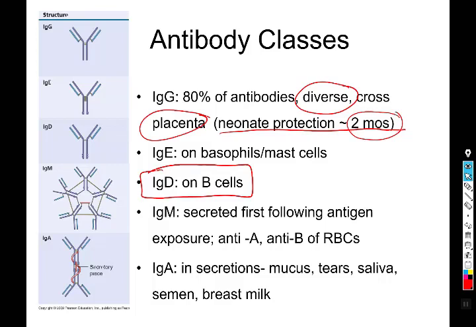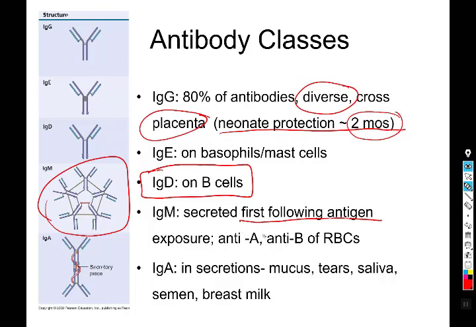So you'll see a time course plot of relative amounts of those two things. So just keep that in mind. But IgMs are a little bit more complex looking, as you can see. They're kind of this pentagonal raft of antibodies all connected to each other. And so these are secreted following the first antigen exposures.